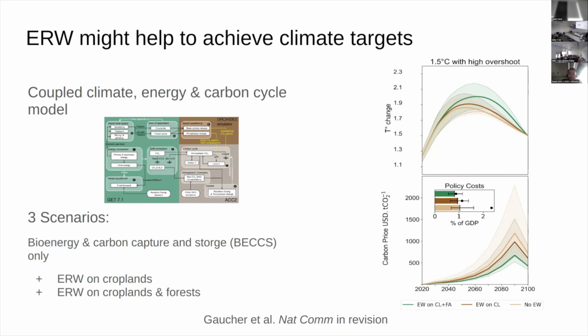And also in the lower plot, you can see it can help to reduce the costs of this carbon dioxide removal. So it seems to be a valuable measure within the portfolio of CO2 removal technologies, but it cannot be the single one solution.